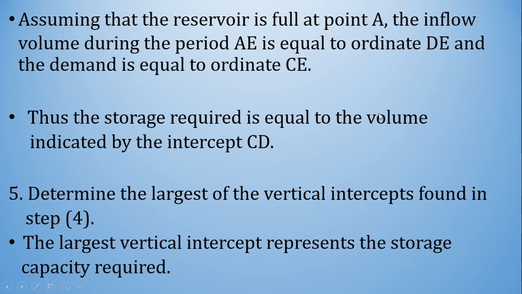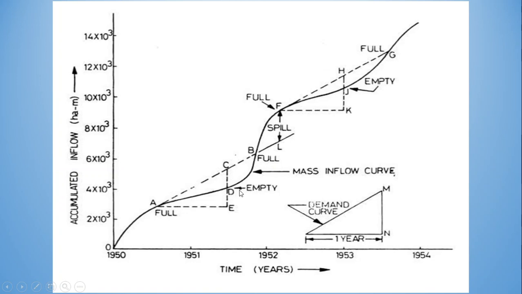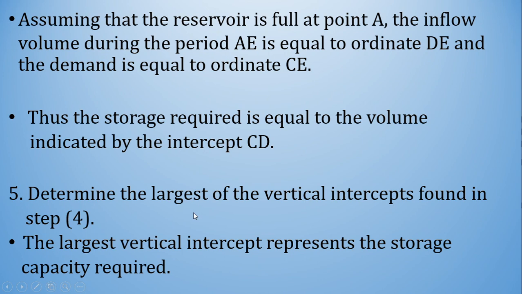Thus, the storage required is equal to the volume indicated by the intercept CD. The storage required by the reservoir will be equal to the volume indicated by this intercept CD. Determine the largest vertical intercept found in step 4. The largest vertical intercept represents the storage capacity required.